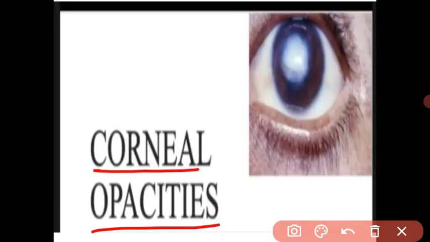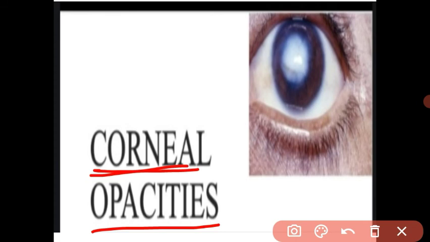Next is corneal opacity. Cornea, in the previous video I explained about that. The cornea is a very important part of the eye, as 60% of the functioning of vision is performed by the cornea. But in some patients the cornea turns white, opaque, non-functioning, and the person is not able to see.